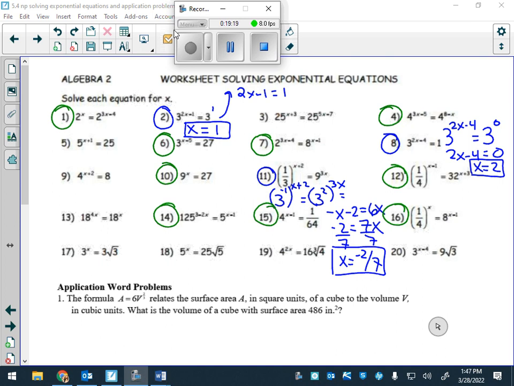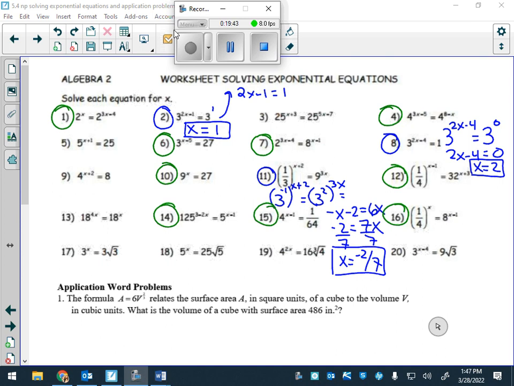So from here, get your x's on one side, get your numbers on the other. We have 7x equals -13.